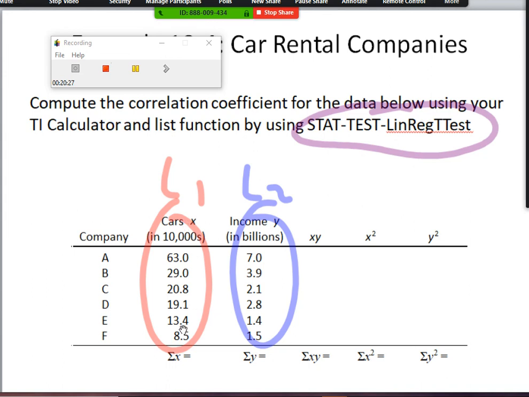Everybody has this in list 1 and that in list 2. We're going to use stat test lin-reg t-test.